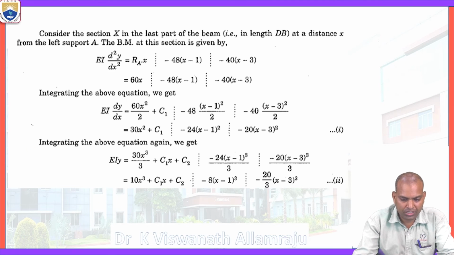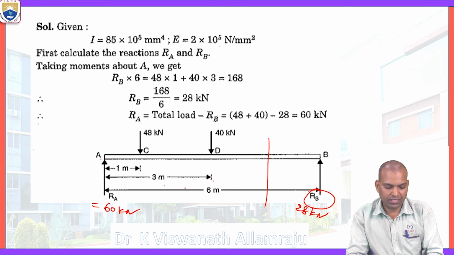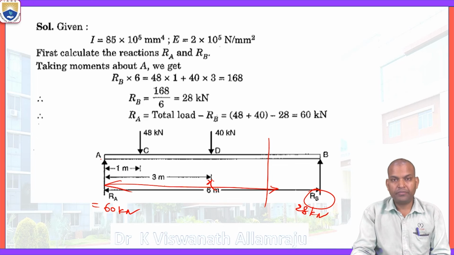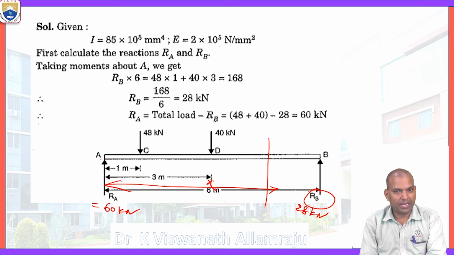Let's take a section at a distance of X from support A, between point D and point B. This equation involves the variation of the slope and deflection throughout the span of the beam.